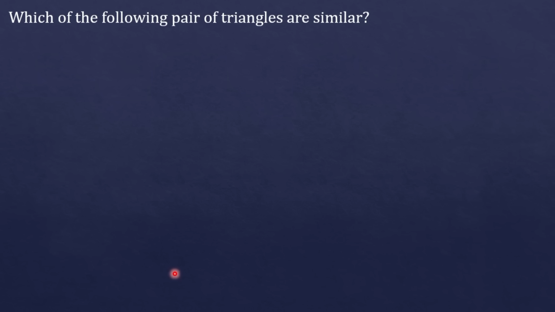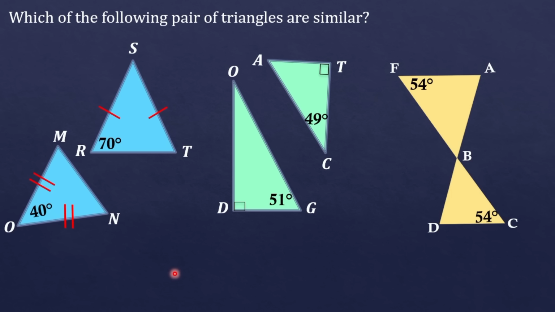Which of the following pair of triangles are similar? So, given this figure, alin po dito ang mako-consider natin as similar triangles? So, this one, since meron tayong given na isosceles, since 2 sides of the triangle are congruent, ibig sabihin, ang base angles po niyan congruent din. So, para makuha natin ang sukat nito, ima-minus natin ang 40 sa 180.